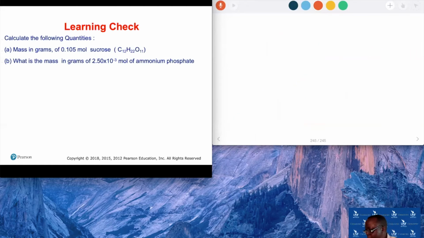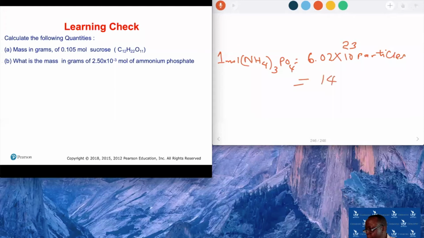So 1 mole of (NH4)3PO4 equals 6.02 times 10 raised to 23 particles or formula units, and it weighs 142.09 grams of ammonium phosphate.